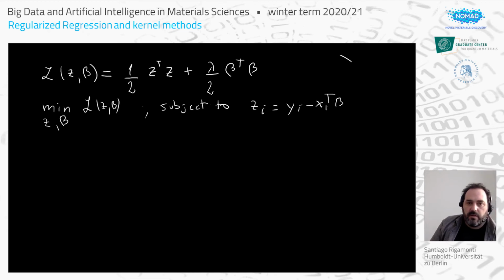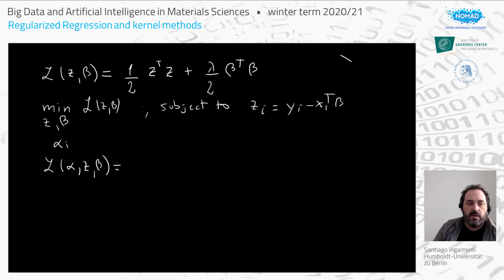Now you see we have a constrained optimization, but using Lagrange multipliers, we can turn this constrained optimization again into an unconstrained optimization. So what we will do is to put some Lagrange multipliers that we will call alpha i, and we will write the following Lagrangian that now corresponds to an unconstrained problem. This Lagrangian will depend on these Lagrange multipliers, on zeta and on beta.